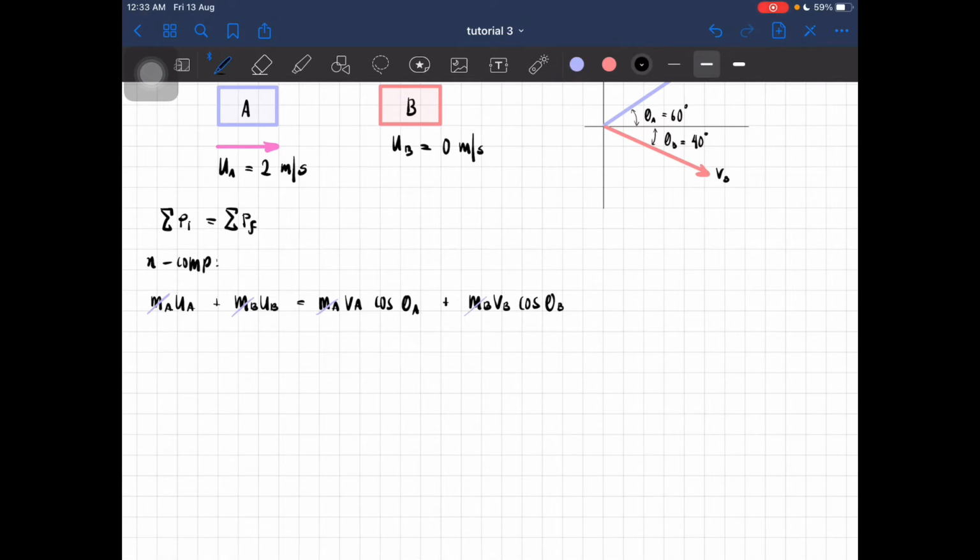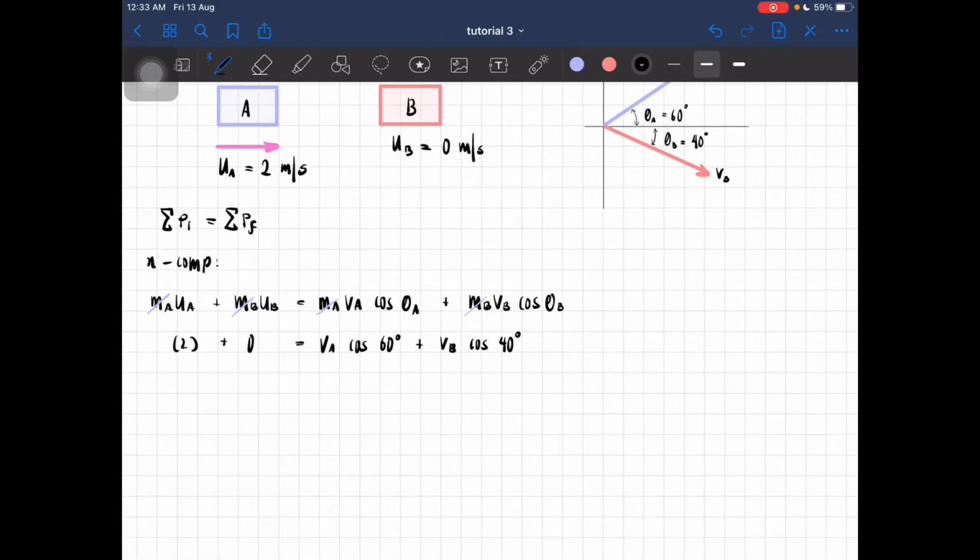So UA is 2 plus UB is stationary, so 0, equal to VA, what we are trying to look for, cos 60 degrees, plus VB, which we are also trying to calculate, cos 40 degrees.